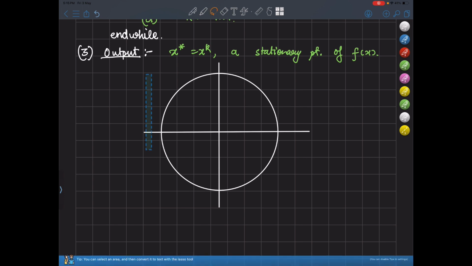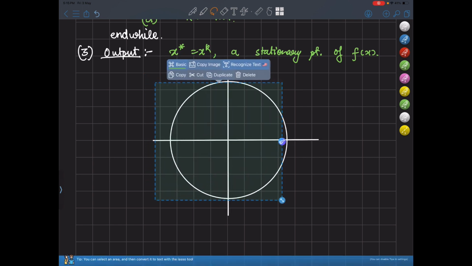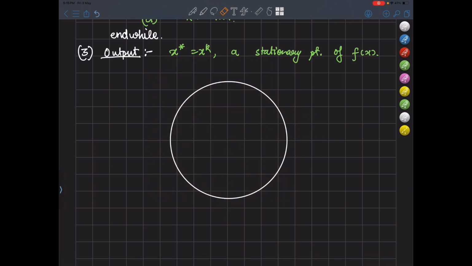Alright, so this is the initial trust region. This is xk and this is delta k, the radius.